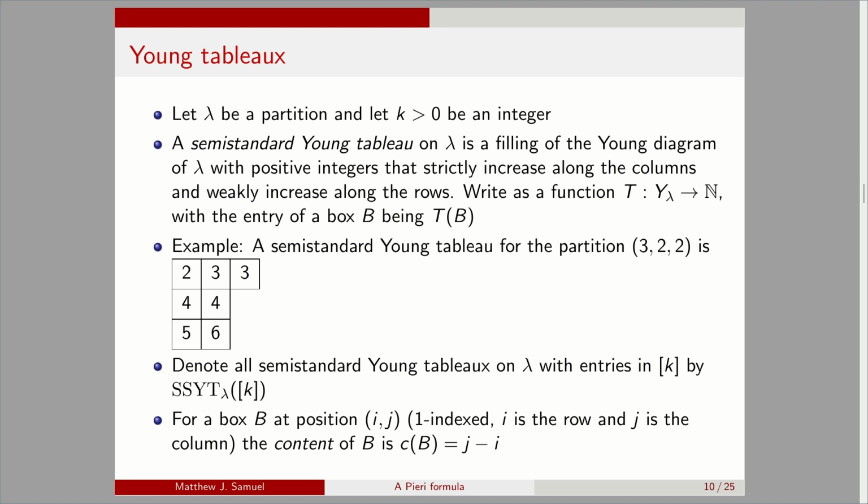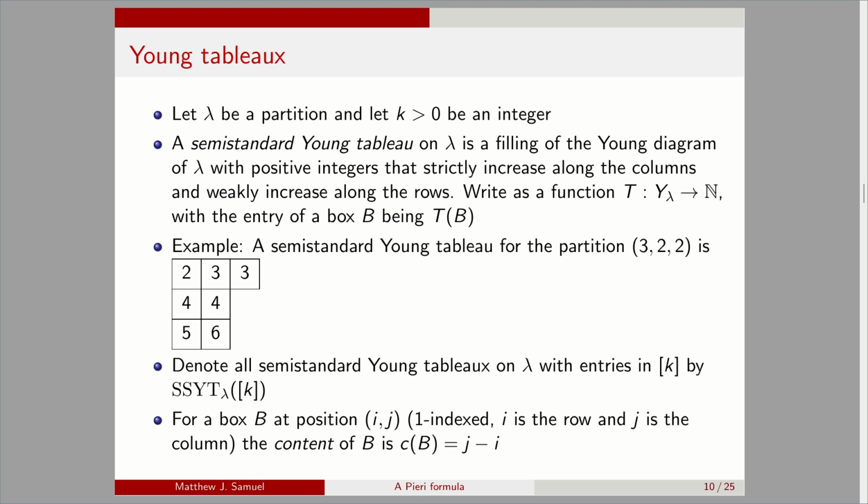So I'm going to write this as a function from the Young diagram, expressed as a set of boxes, to positive integers, with the entry of a box b being t of b, where t is the function. An example semi-standard Young tableau for the partition 3, 2, 2 is given in the diagram. You can see that it weakly increases along the rows and strictly increases along the columns.